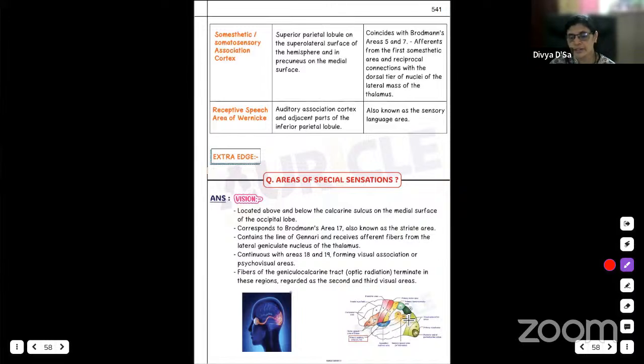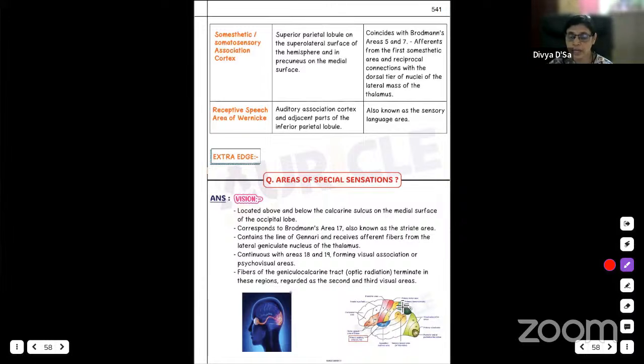Above that, here we have the angular gyrus. And here we also have the superior temporal sulcus, and above that we have the gyrus. So areas 39 and 40 are known as the sensory speech area.